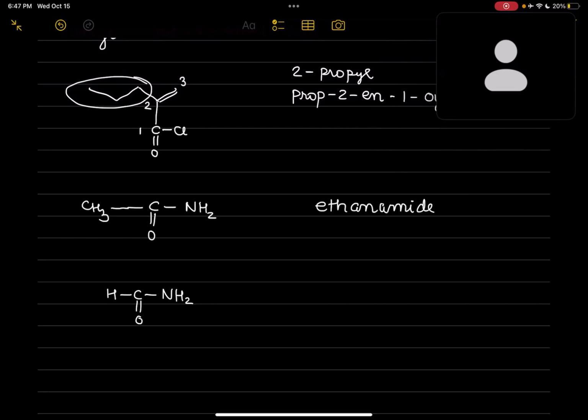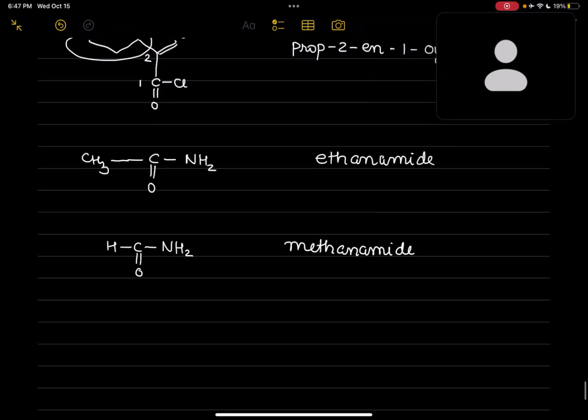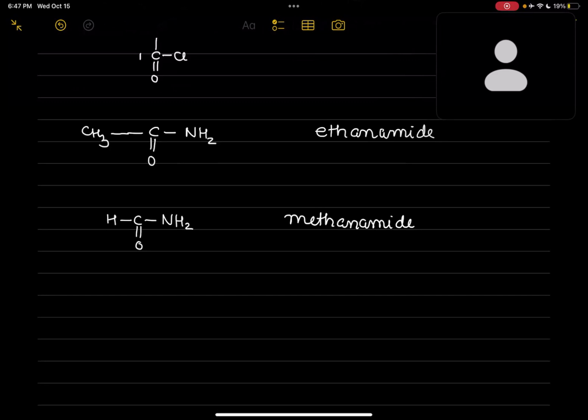But the IUPAC name is methanamide. Nabila, is this clear or not? Okay, sir. So these are all carboxylic acid derivatives, very simple to name.